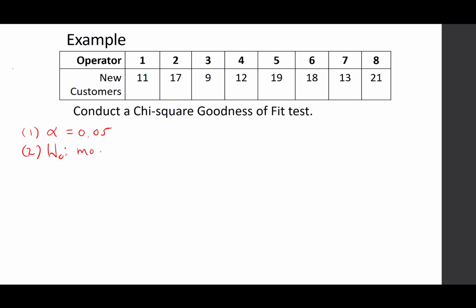So we can just say model fits, and the alternative is that the model does not fit. But we can go ahead and specify what our model is, so it'll help us when we do our interpretation. All right, so the model fits, and that is that the reps are performing equally.